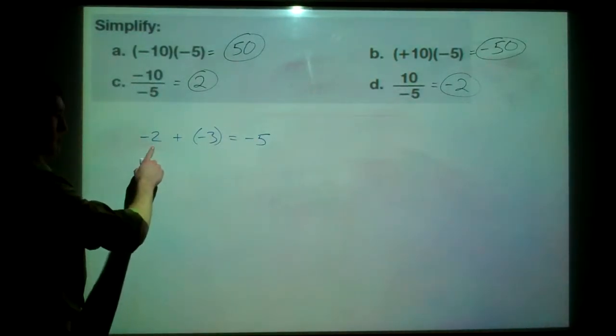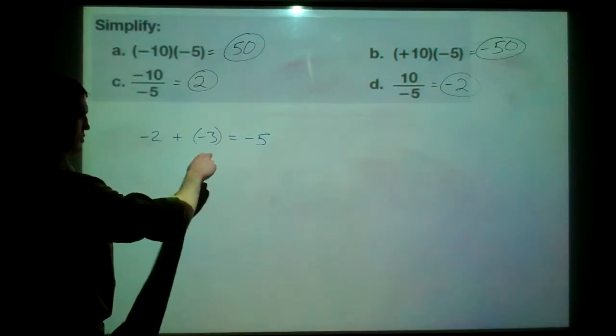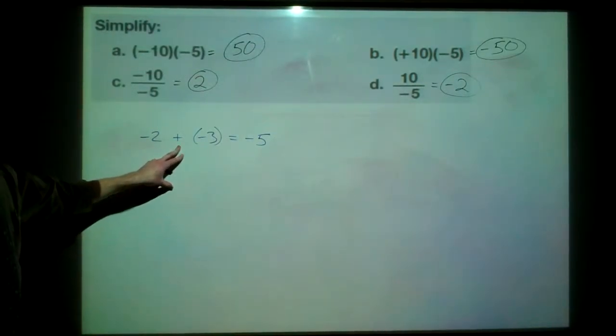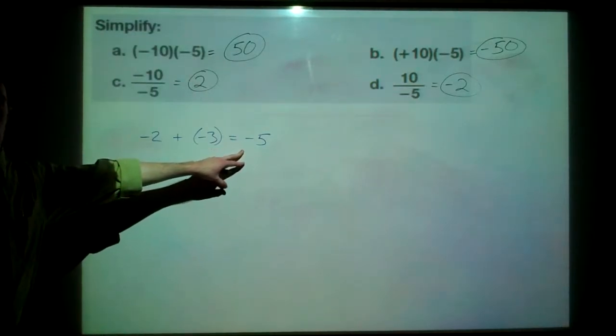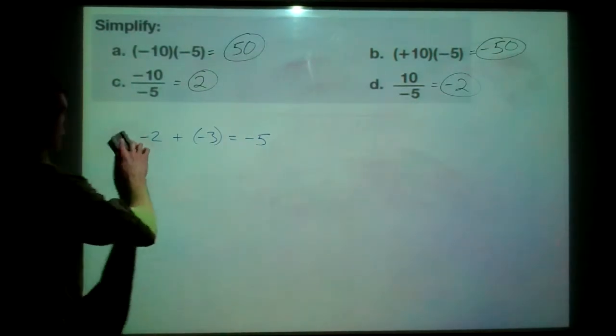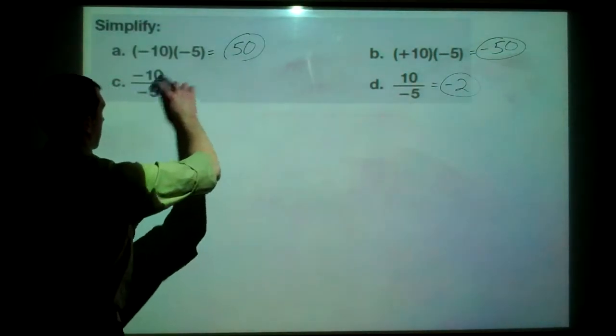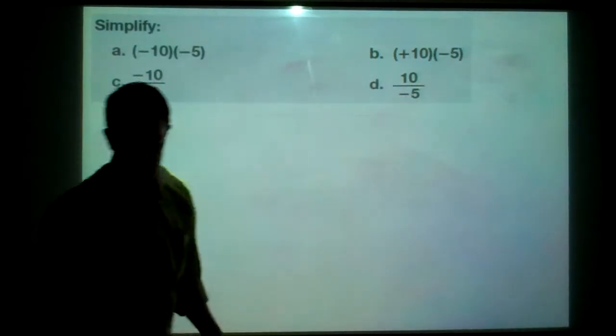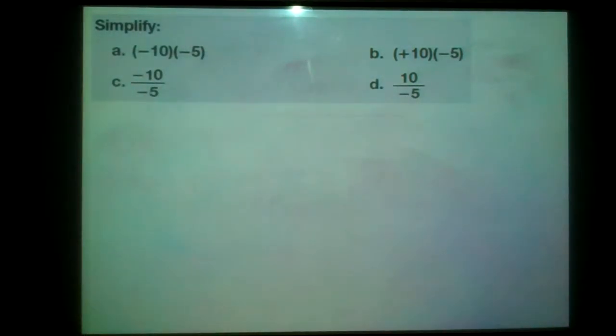We started at negative 2 degrees and then we dropped 3 more degrees, so we're at negative 5. So we have situations with adding integers where we could still get a negative. This is what we worked on not too long ago. But whenever we multiply or divide by two negatives, we will get a positive. So just keep the differences in mind. And I know it's a lot to take in, but once you get those rules down, algebra becomes much easier.